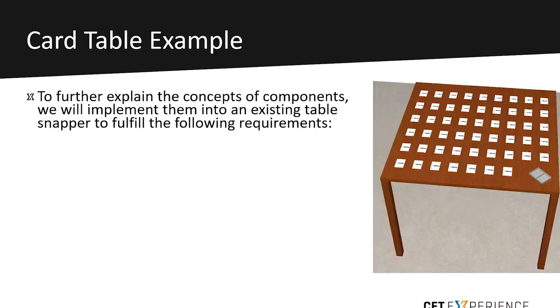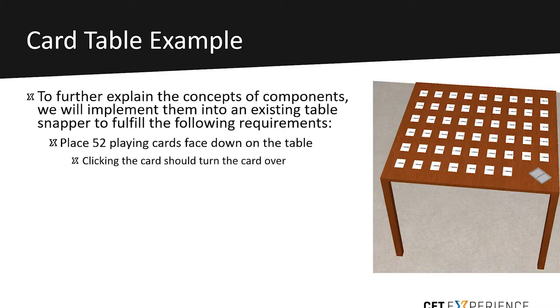Okay, so I'm going to start going into more of the functionalities of components. And to further explain some of these concepts, I'm going to be trying to implement them into an example here. So to lay out the example, we have an existing table snapper that needs to fulfill a couple of additional requirements that we've just been given.